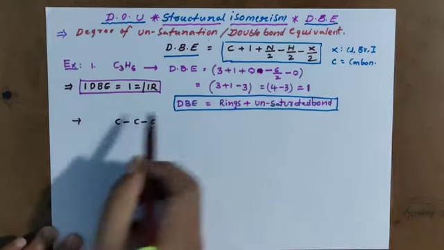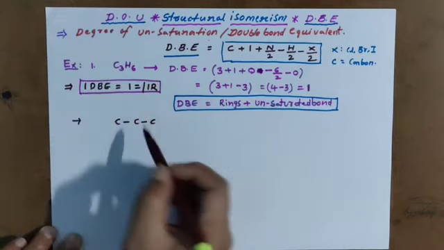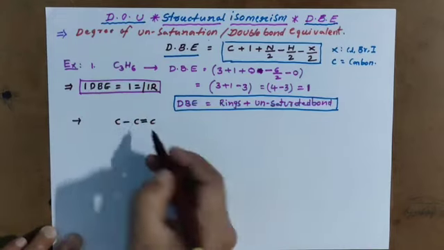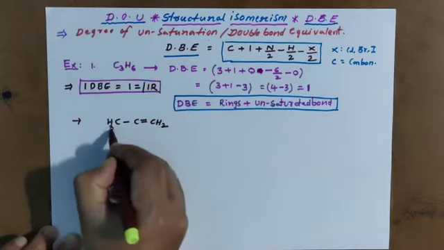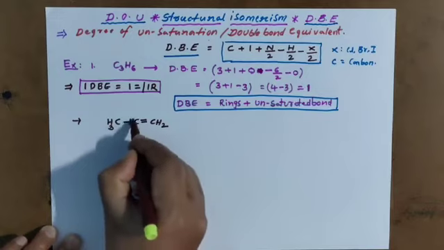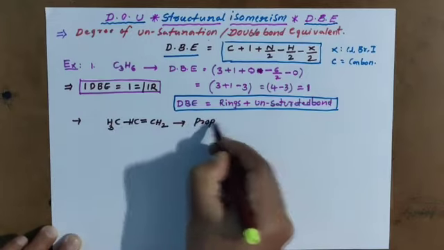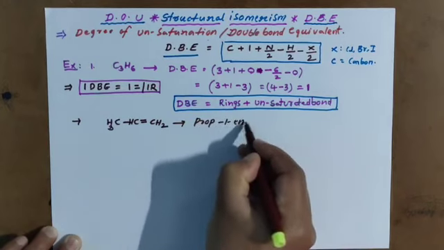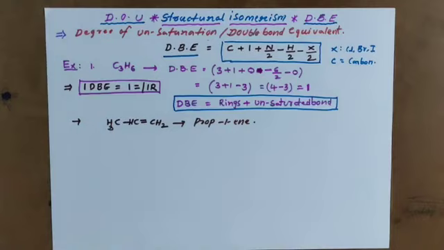C3 we have, and 1 double bond we told, so I am taking 1 double bond here. So this is CH2, this is CH3 and this is CH. We call this prop-1-ene, meaning propene. So the 1 double bonded compound we have drawn already. Why?